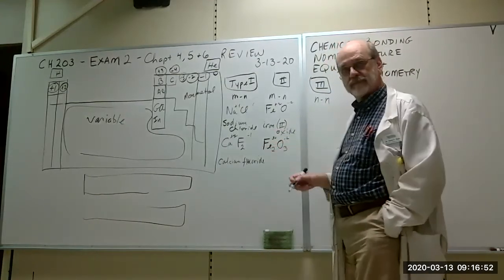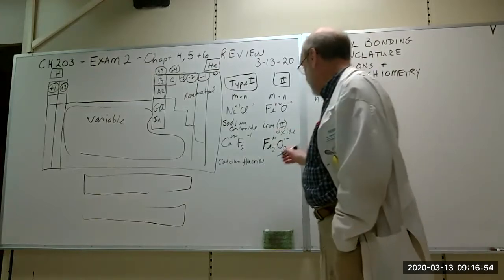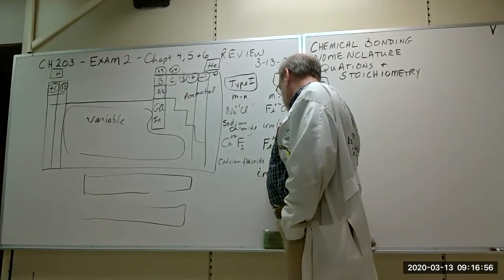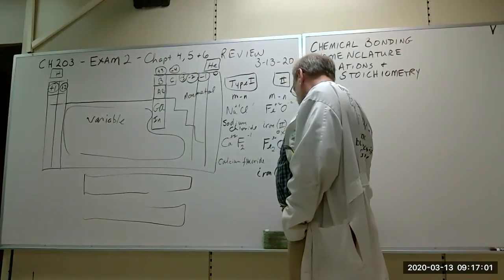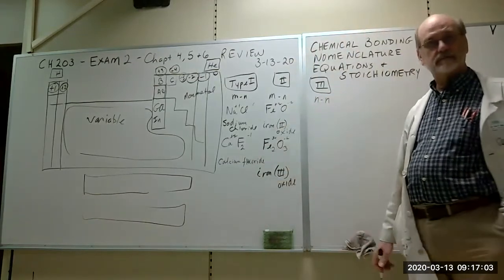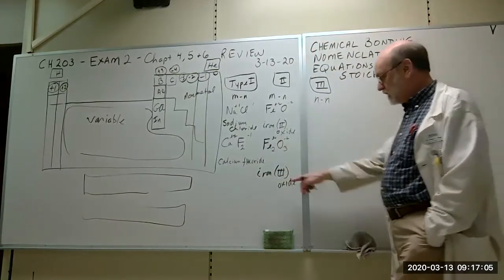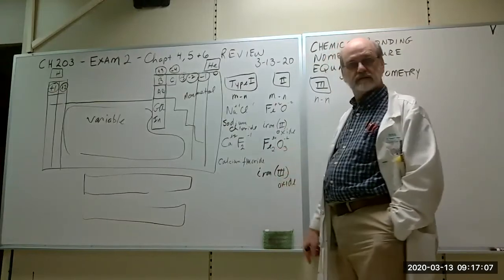Yeah, cross multiply. And then naming it, you say iron 3 oxide, and you're done. That's all you need to know, and you can write this from that.